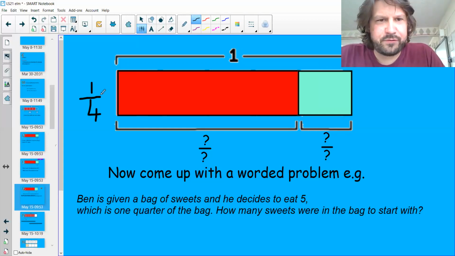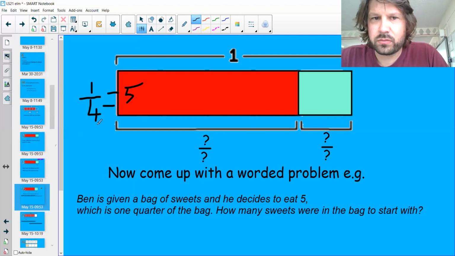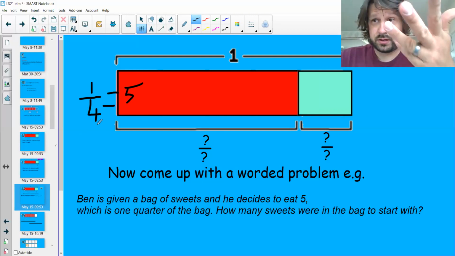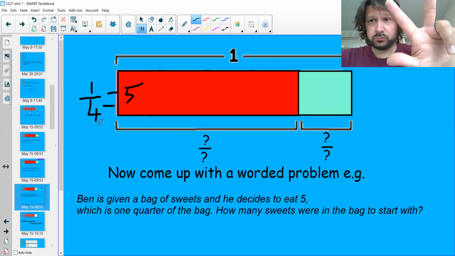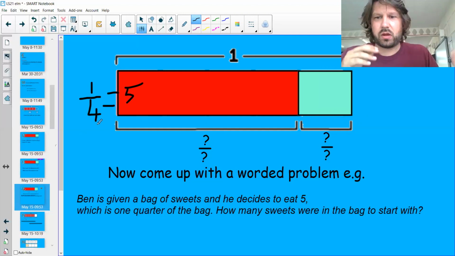So if he's eaten 5, 1/4 equals 5. How many more are in the bag? Well, 1/4 is 5. What's missing is however many it takes to get up to 4 from 1. So 3, you're missing 3/4, 3 over 4. So we can work that out, okay?